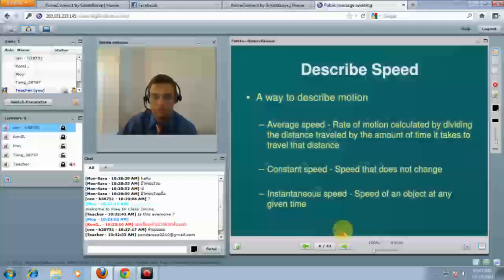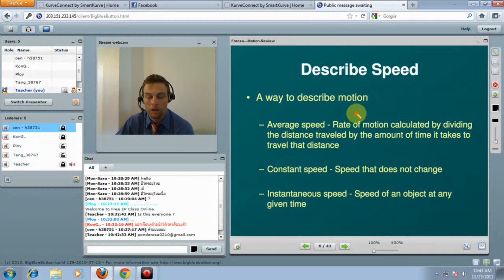So speed, we talked about this last time. A way to describe motion. Average speed would be distance over time. We did this last time.